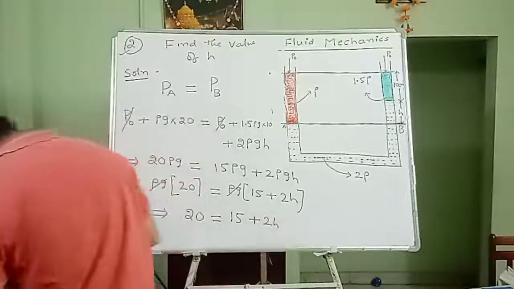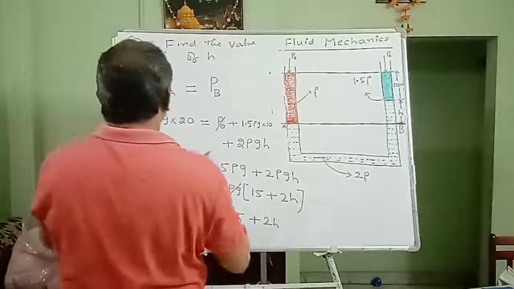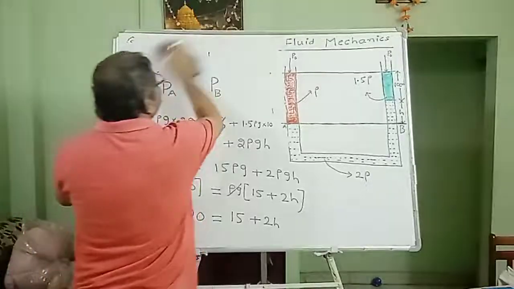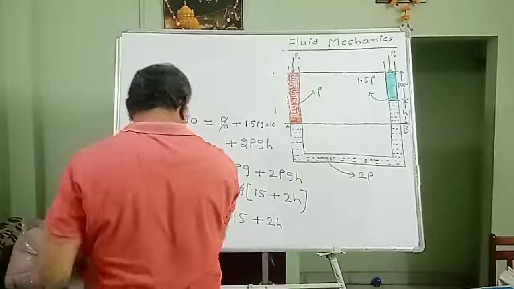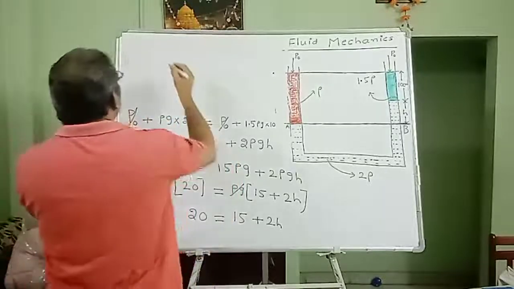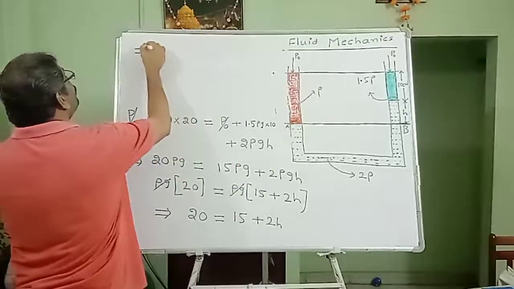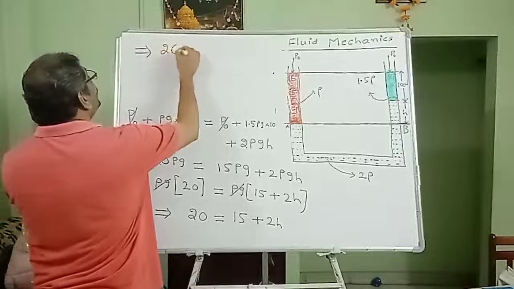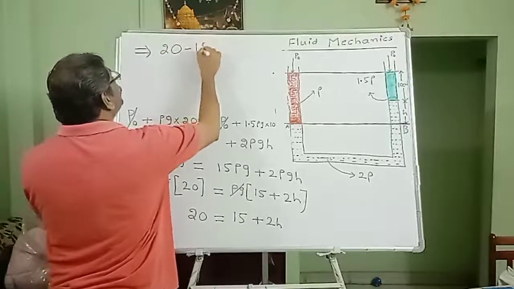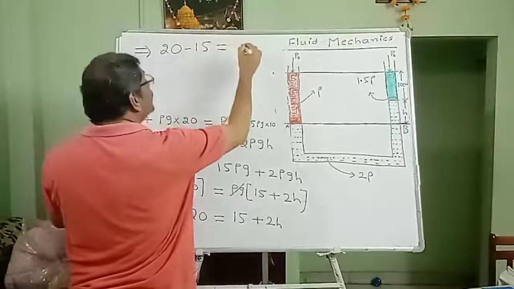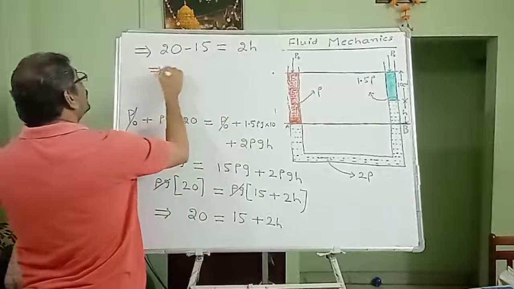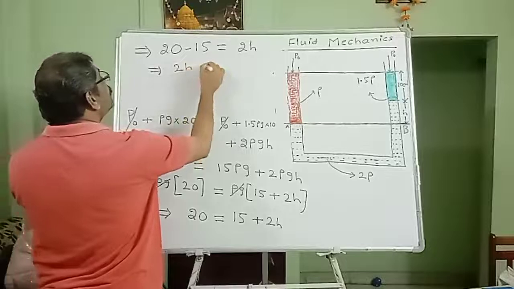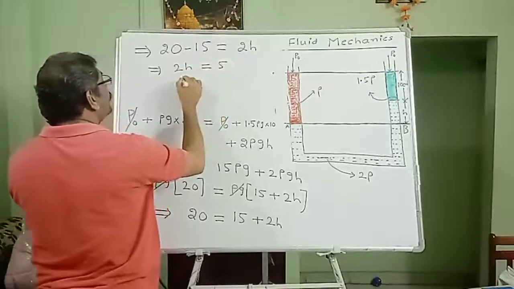Finally, 20 minus 15 will be numerically equal to 2H. This implies 2H will be numerically equal to 5.